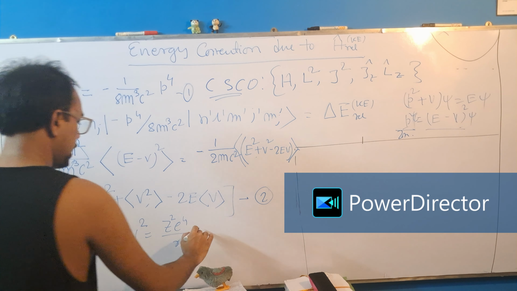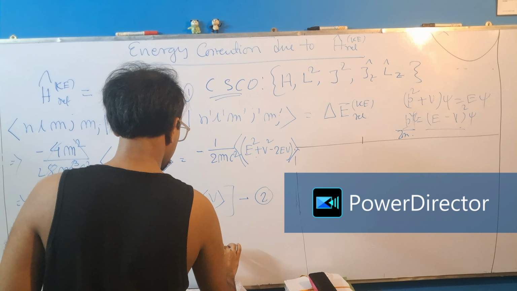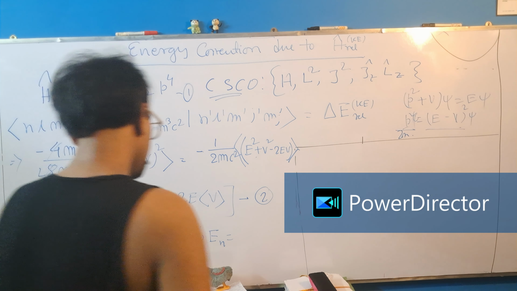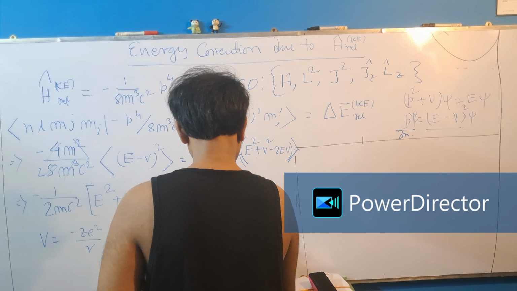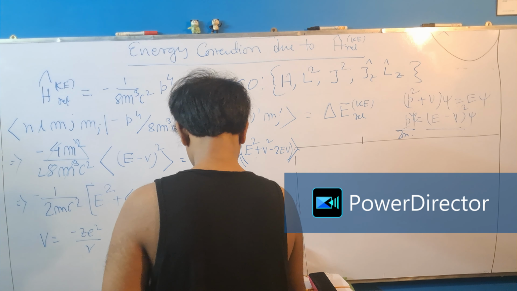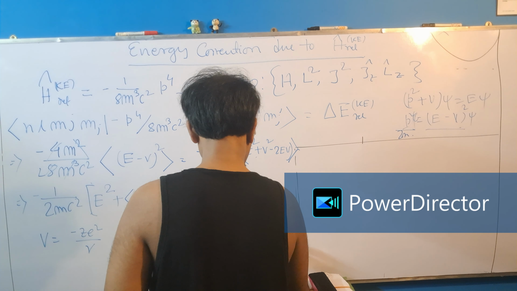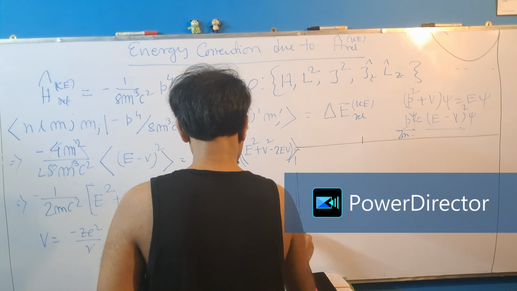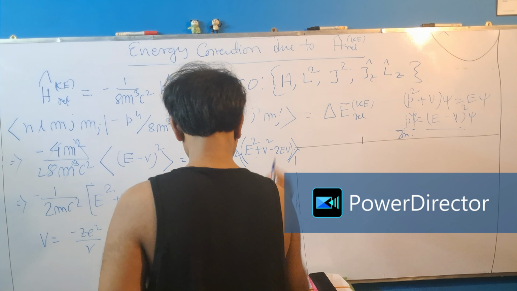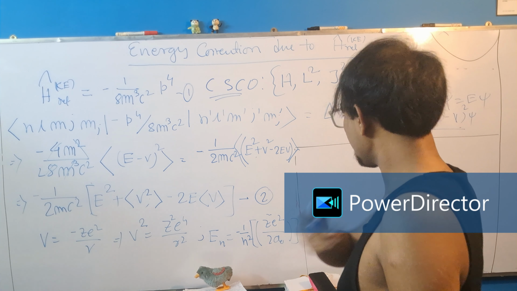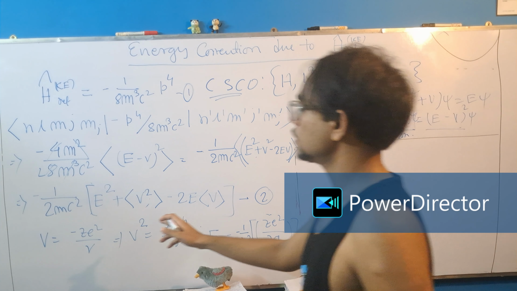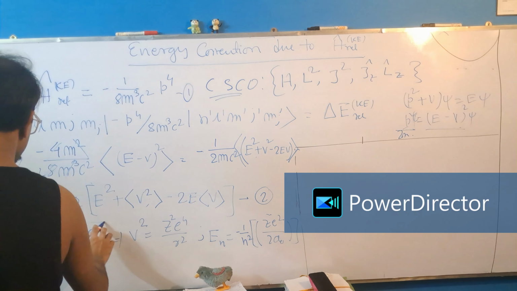And the energy eigenvalue in the case of the hydrogen atom is basically minus 1 by n squared Z squared e squared by 2a naught, where a naught is the Bohr radius. Okay, so we will use these three terms in the next step.